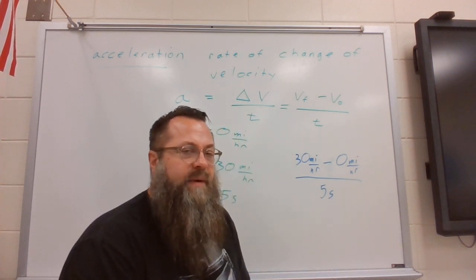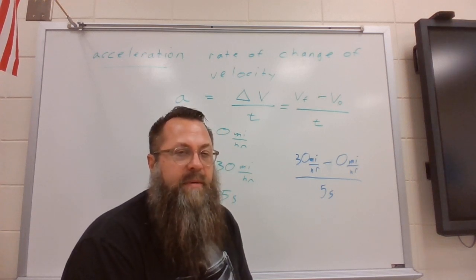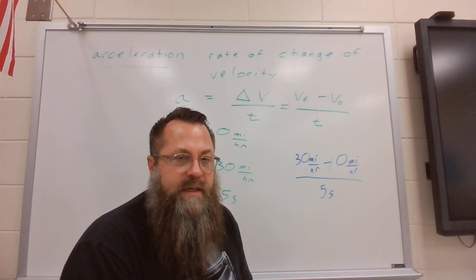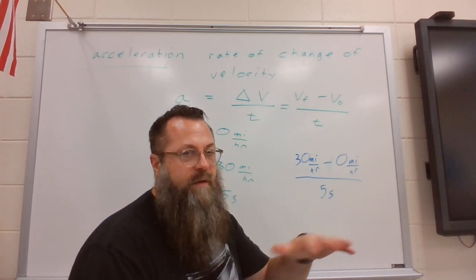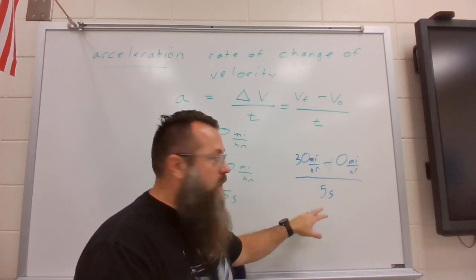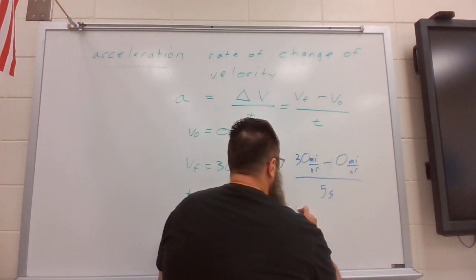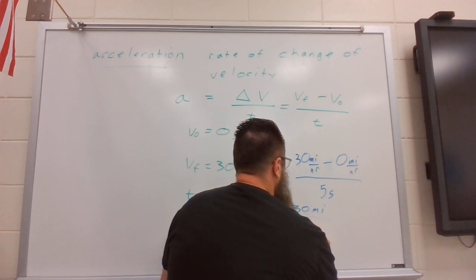I don't really like problems like this. A lot of my units are in different measurements. Let's go with it for now, but we're going to work on converting a lot of units together. We're not going to use a whole lot of changes in units, okay? But it's 30 miles divided by 5 seconds.